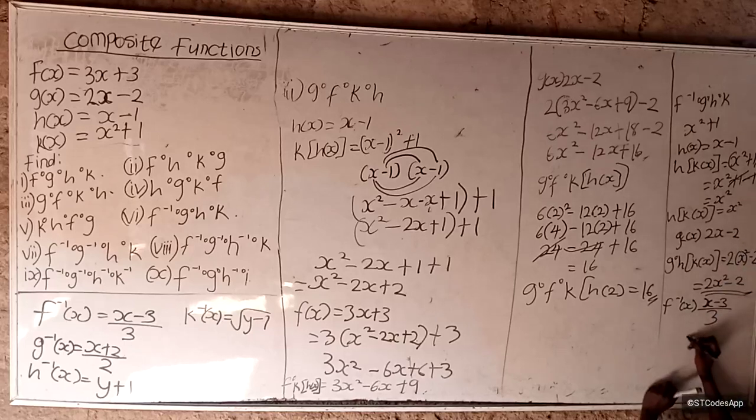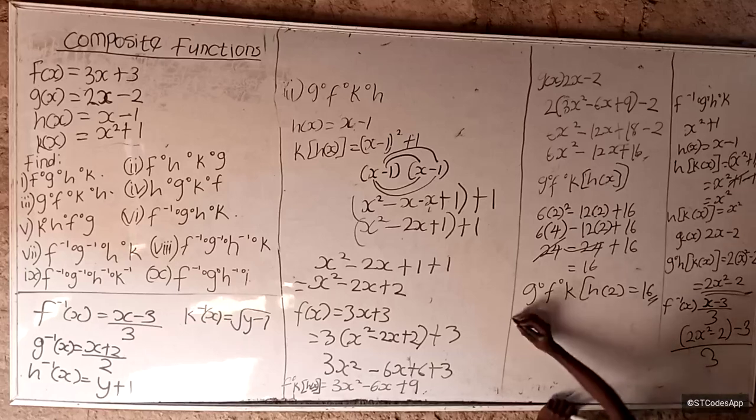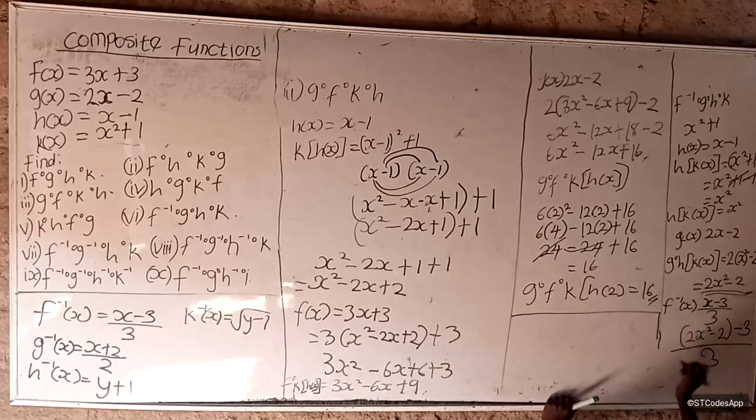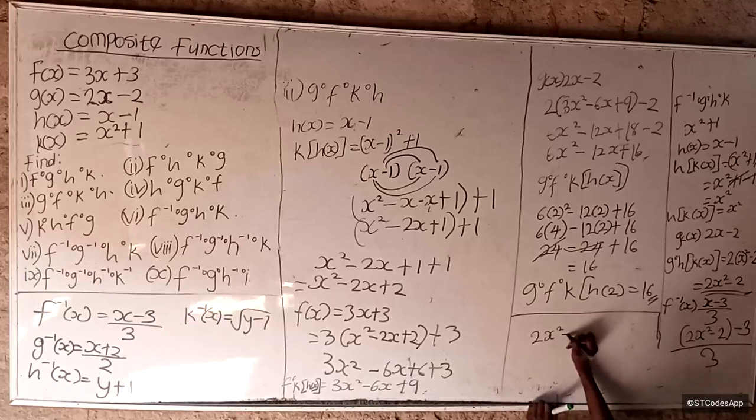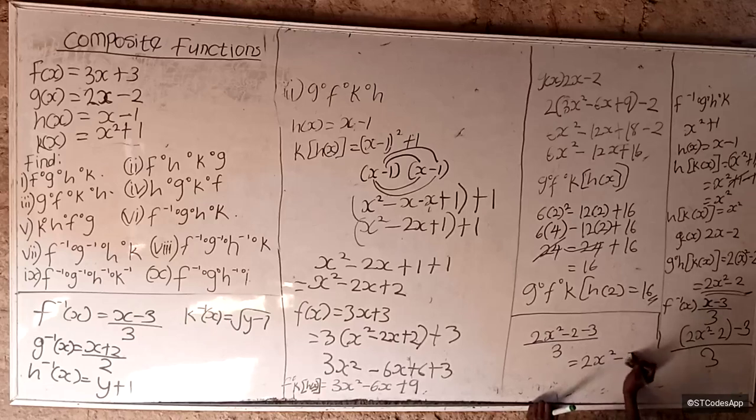So we have 2x squared minus 2 all into bracket minus the 3 here over 3. Solving for that, we have 2x squared minus 2 minus 3 over 3, which equals 2x squared minus 5 over 3.